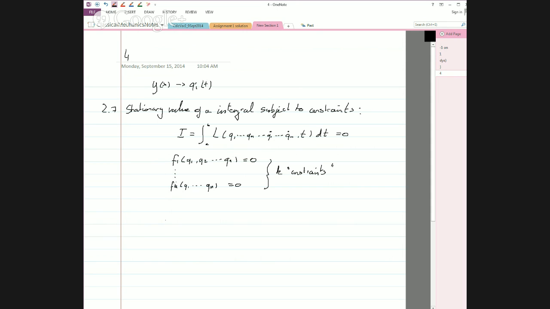So we know that delta I is 0. And so delta F1 through delta Fk are all going to be equal to 0.